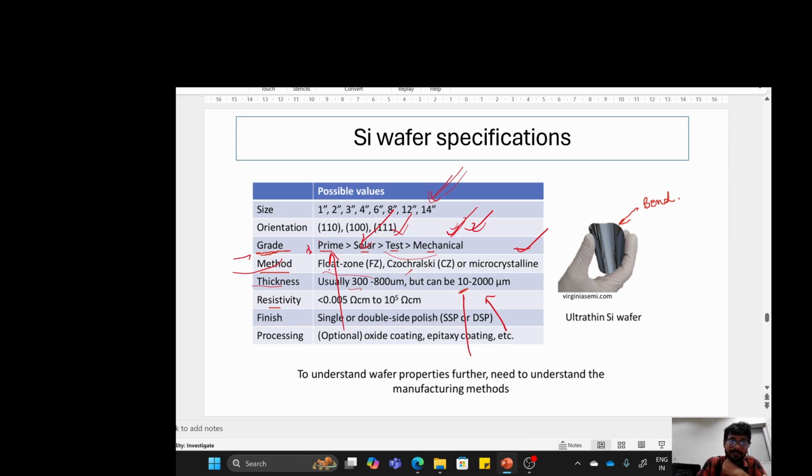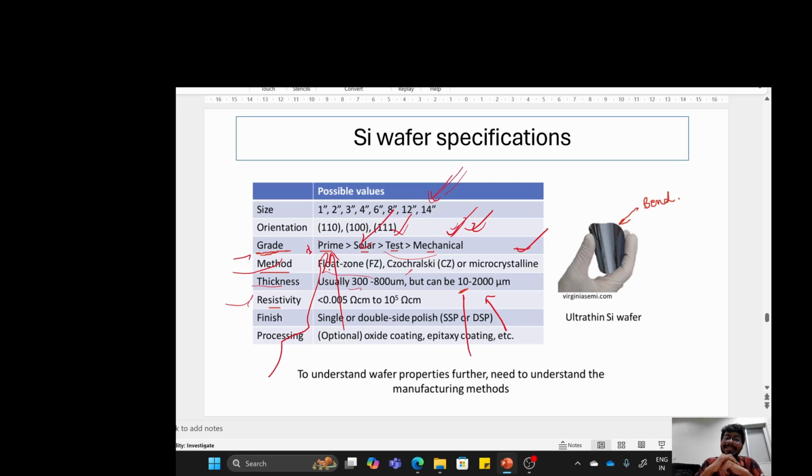And the resistivity can be from less than 0.005 ohm to 10 raised to power 5 ohm centimeter. The higher the resistivity, the more prime the wafer. The prime is the least conductive, because the impurities are less in this one.